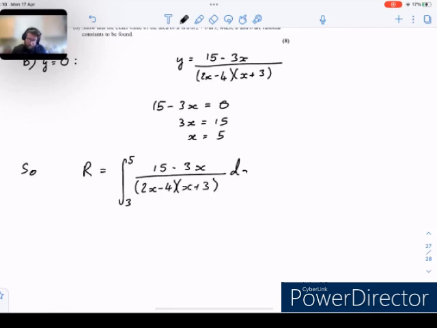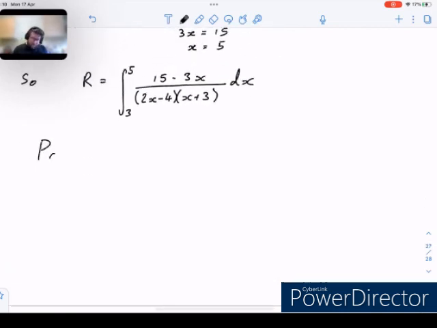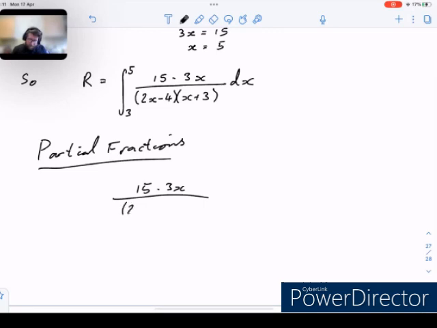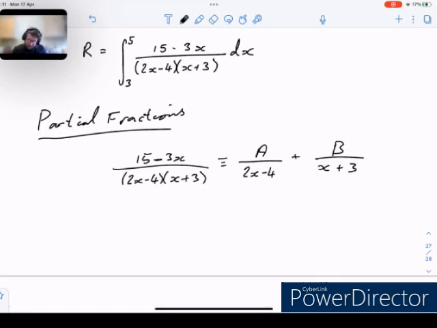This will be done by partial fractions. So 15 minus 3x over all this equals A over 2x minus 4 plus B over x plus 3. Make that more obviously a minus sign.